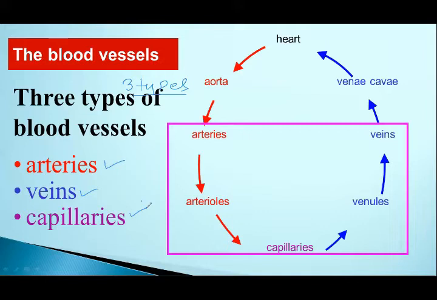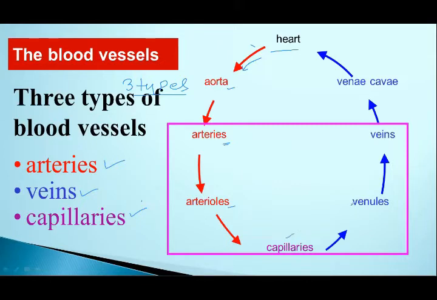So if you look into this particular figure, you have the heart here. The blood is moving out of the heart, entering into a particular blood vessel called aorta, then comes down to certain blood vessels which we have named as arteries, and from the arteries arterioles are formed, and from the arterioles capillaries are formed.